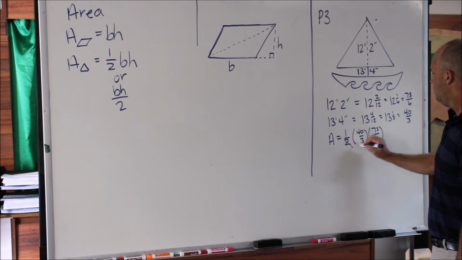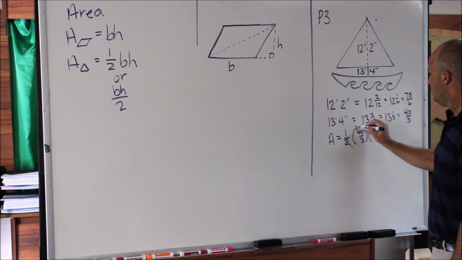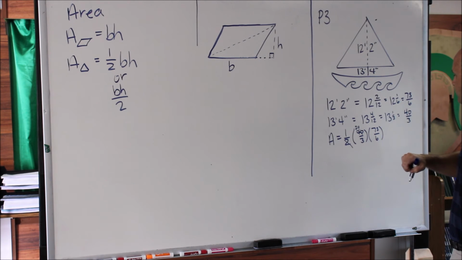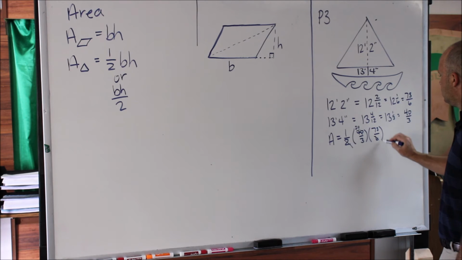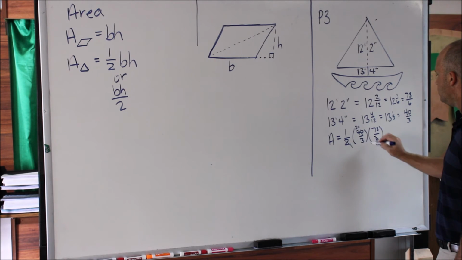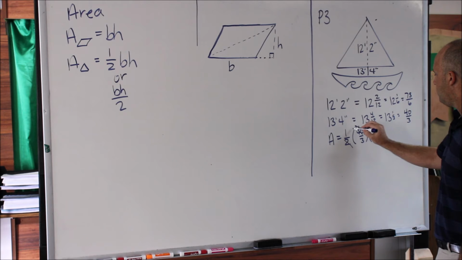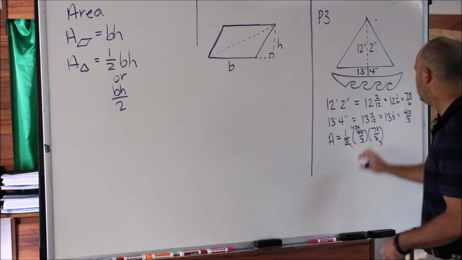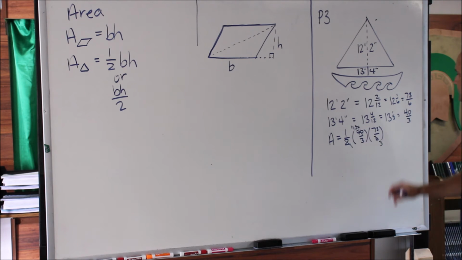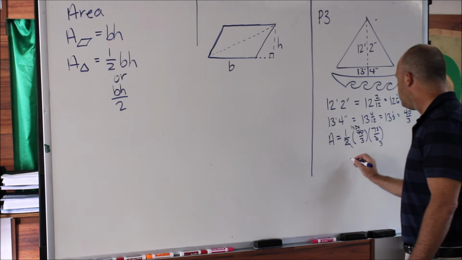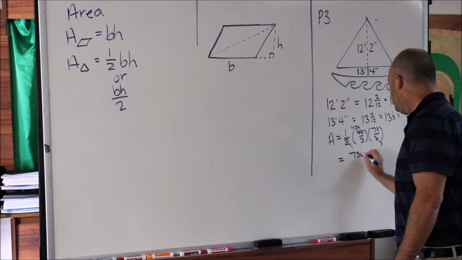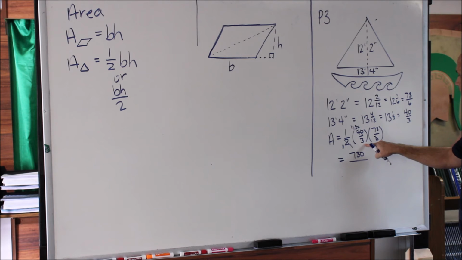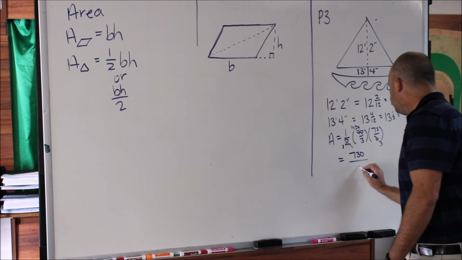So the 2 and the 40 will cross-reduce, and 3 will not go into 73, but we will get 2 into 6 3 times, and we'll get 2 into 20 10 times. So now I've made this a little bit easier to solve. So I've got 1 times 10 times 73, so 1 times 10 is 10, times 73 is 730, over, this became a 1, so 1 times 3 is 3, times 3 is 9.